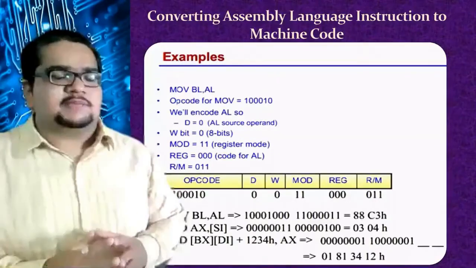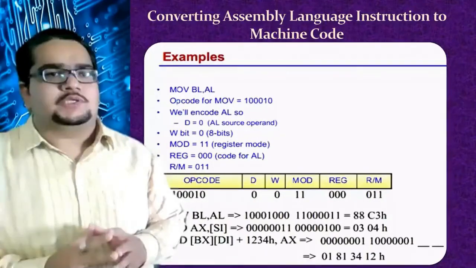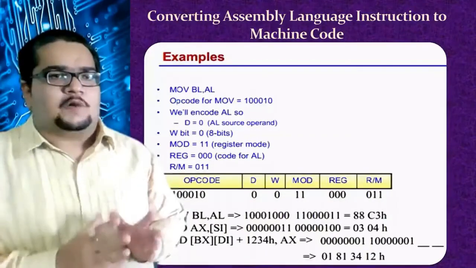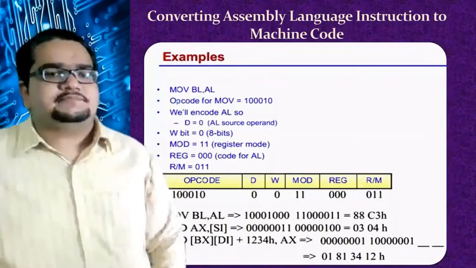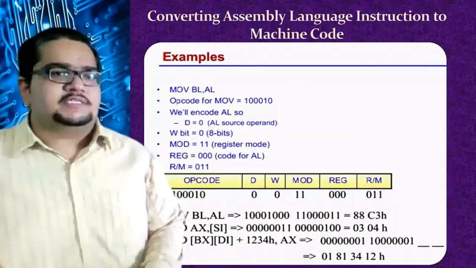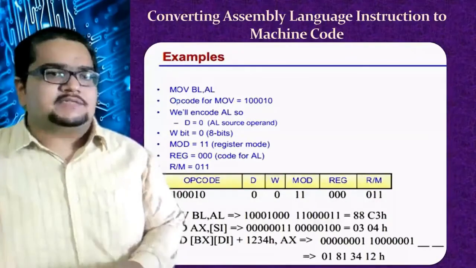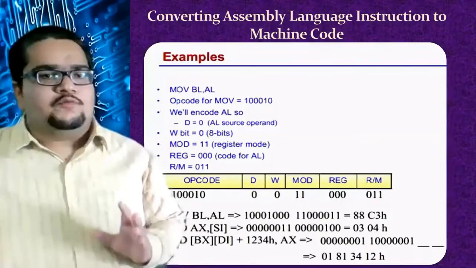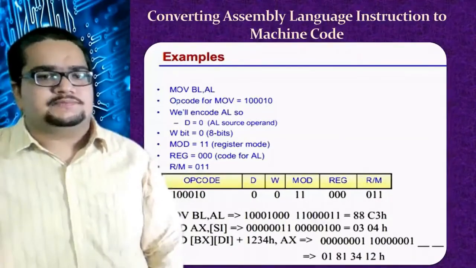In 8086 assembly language programming, operand 1 is the destination and operand 2 is the source. So it is operation, destination, followed by source. This is applicable to all instructions of 8086 assembly language programming: first the operation, next the operands, and in the operands, first the destination, then the source.